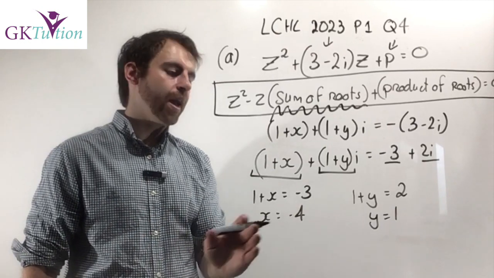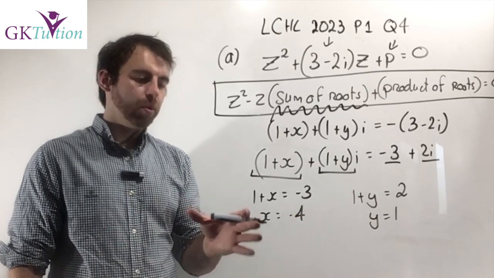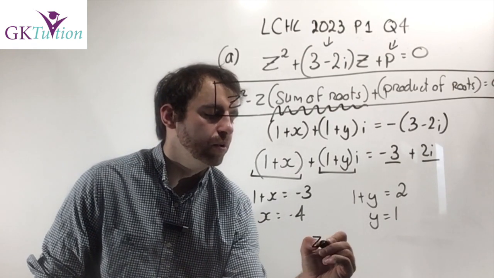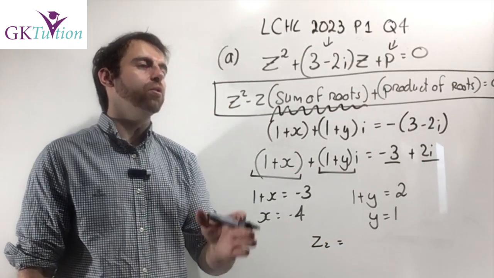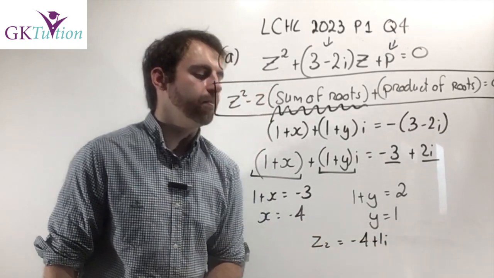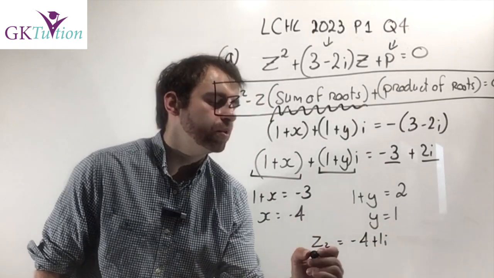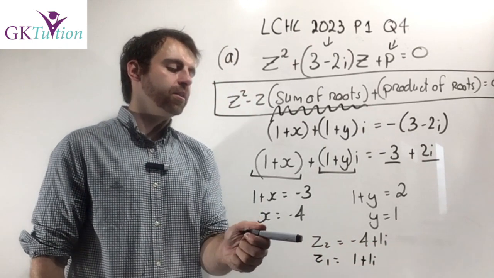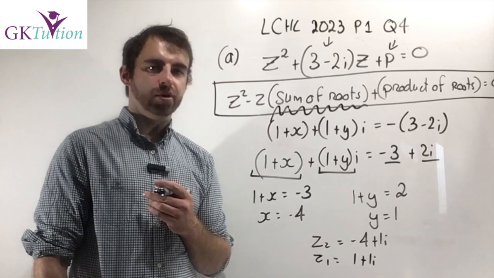So now I know what x and y are. Remember how I came up with x and y in the first place. This is the other root. So now I know that the other root of this quadratic is minus 4 plus 1i. The question gave me one of the roots. One of the roots, z1, was 1 plus 1i. And my second root now is minus 4 plus 1i.